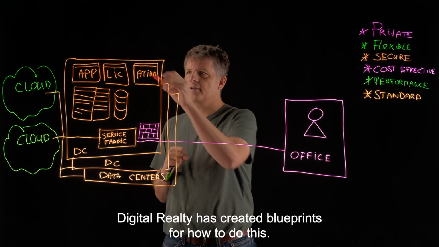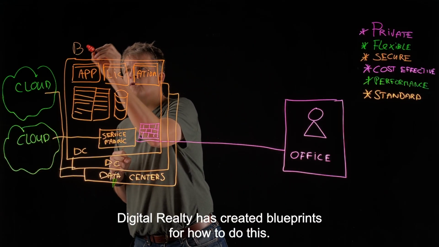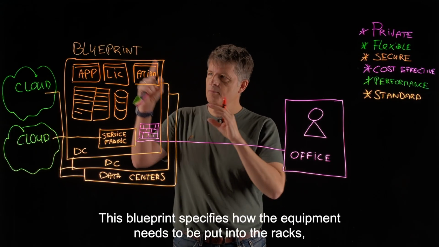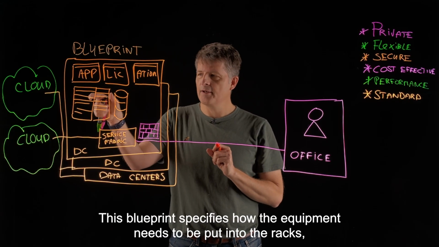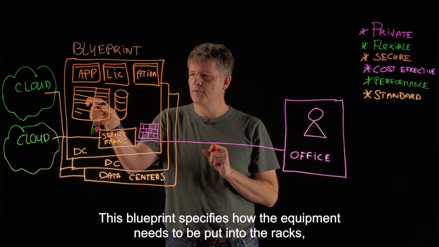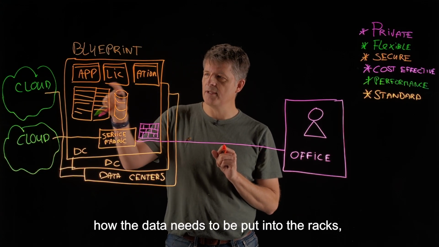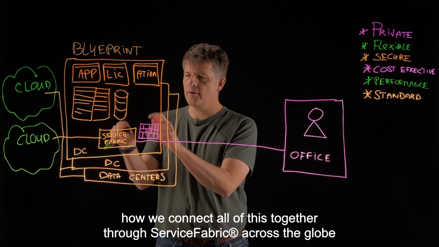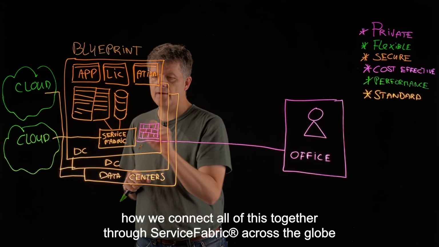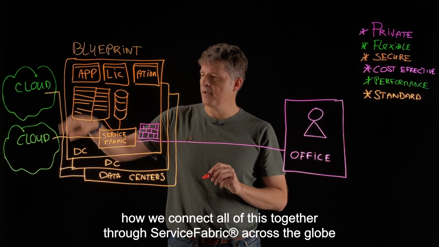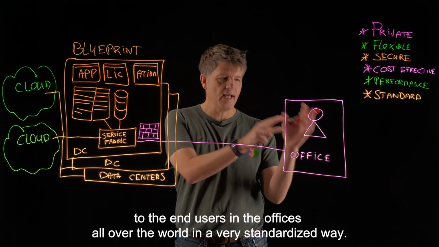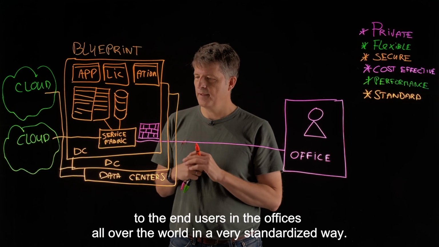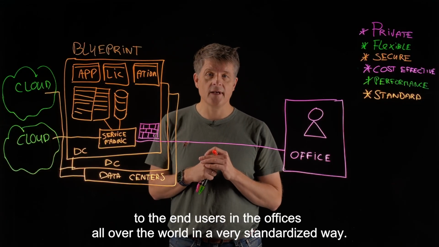Digital Realty has created blueprints for how to do this. This blueprint specifies how the equipment needs to be put into the racks, how the data needs to be put into the racks, how the applications run on these systems, how we connect all of this together through ServiceFabric across the globe to the end users in the offices all over the world in a very standardized way.